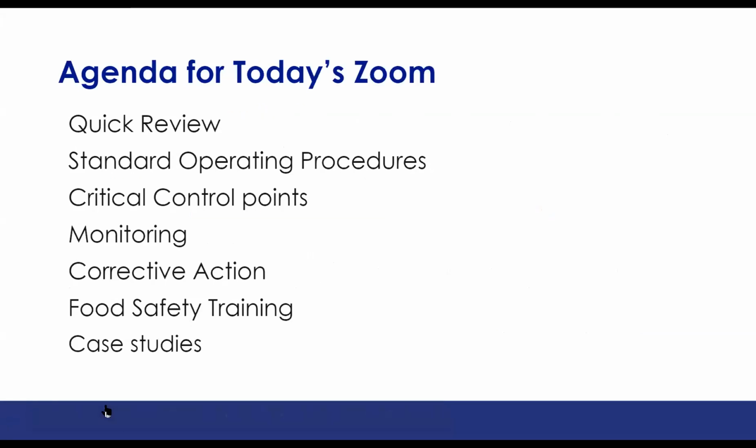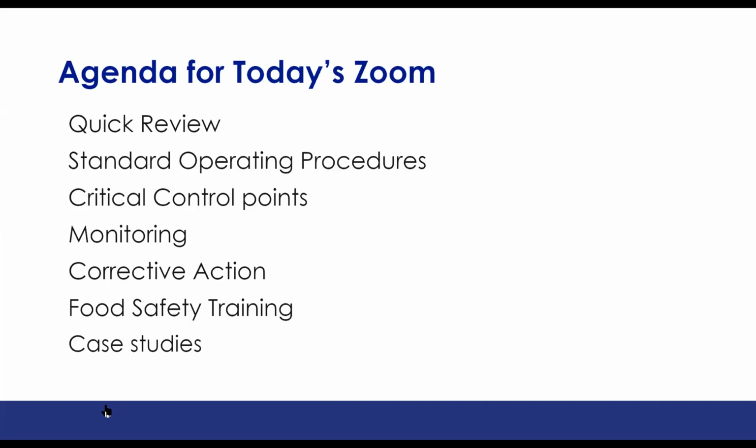Okay, so for the agenda today, we're going to do a quick review, but first we're going to talk about safety data sheets. Then a quick review, standard operating procedures, critical control points, monitoring, corrective action, food safety training, and case studies.